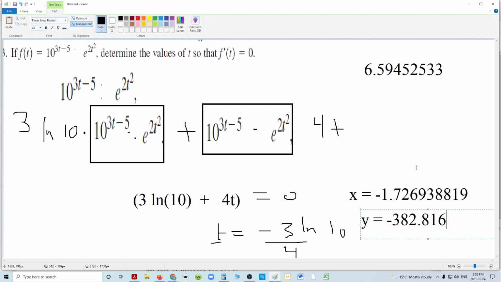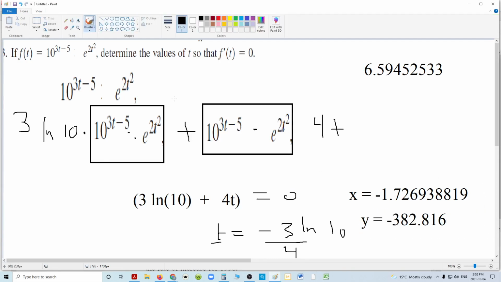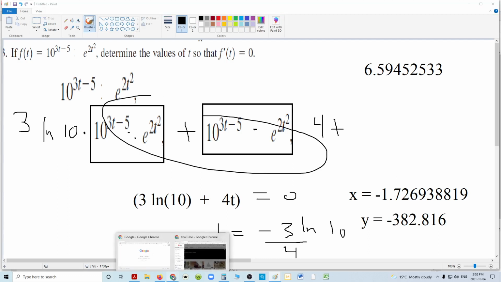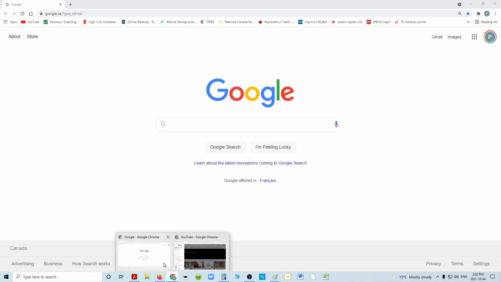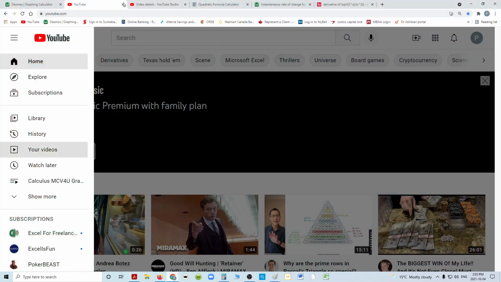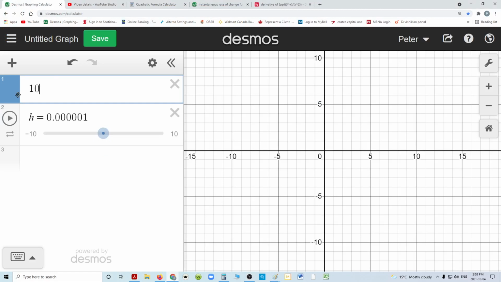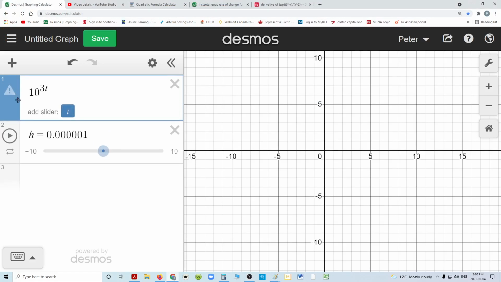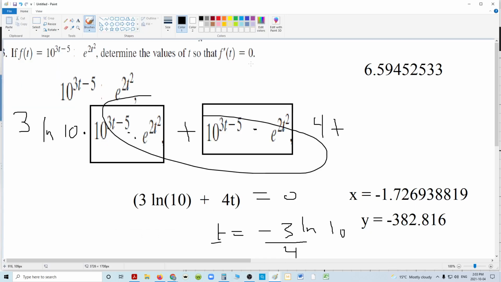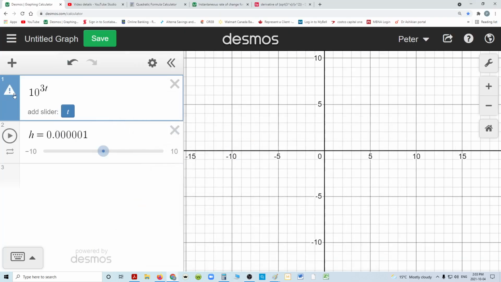So right there, I'm going to find the point on this graph where this is either a maximum or a minimum. Let's see if that was true. We're going to pull up the calculator here. We're going to put 10 to the power of 3t, what was it? 3t minus 5.